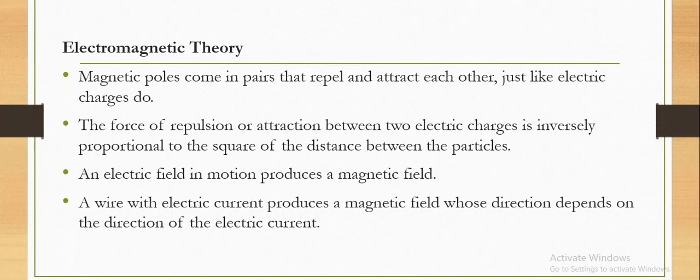Magnetic poles come in pairs that repel and attract each other just like electric charges do. The force of repulsion and attraction between two electric charges is inversely proportional to the square of the distance between the particles. An electric field in motion produces a magnetic field. A wire with electric current produces a magnetic field whose direction depends on the direction of the electric current.